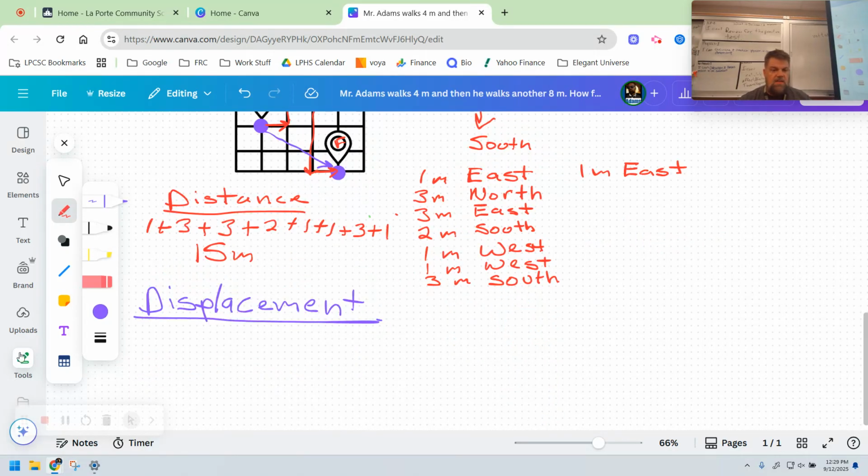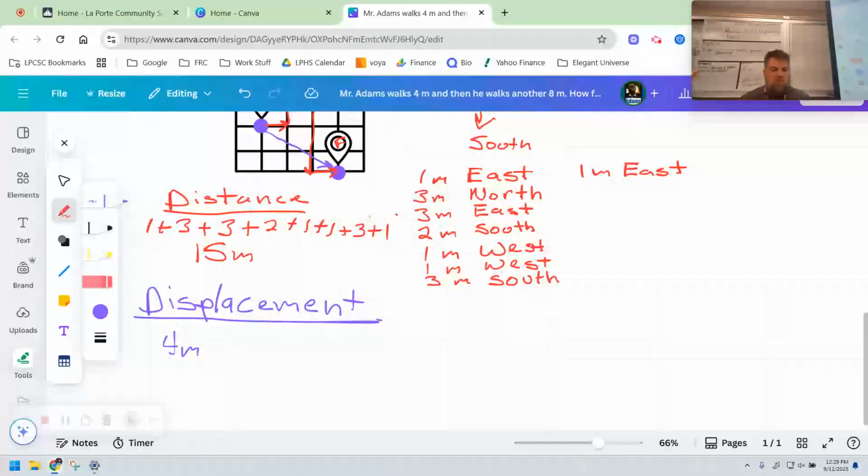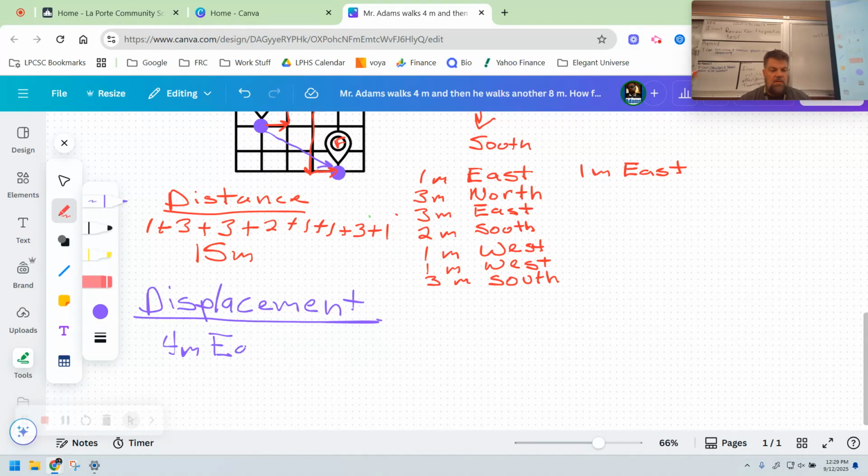Well, how did I get there? Really, I went 4 meters east and 2 meters south.